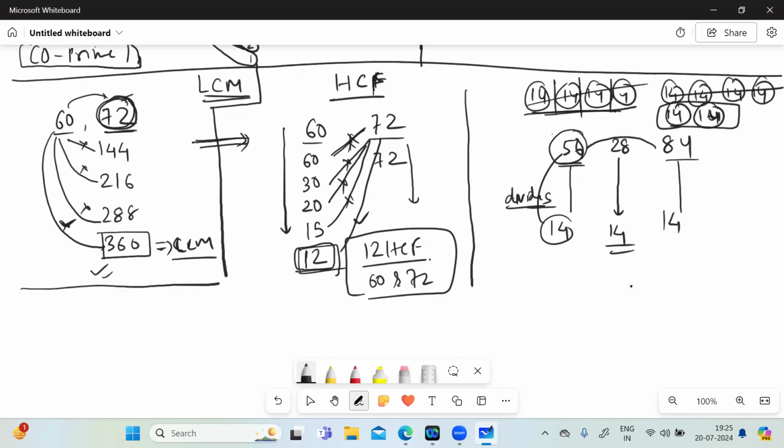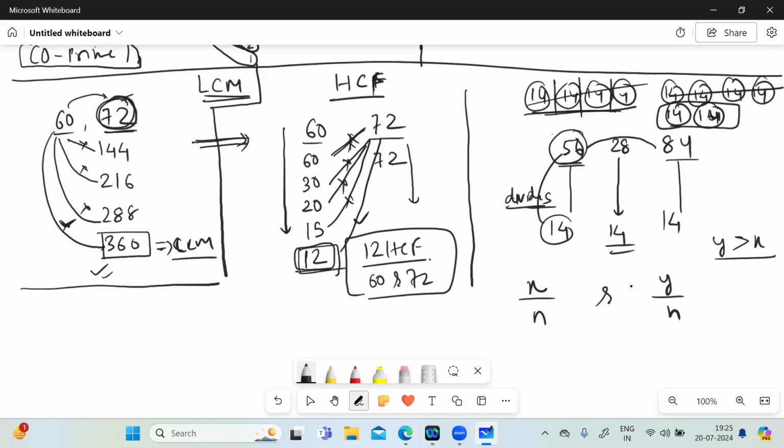So we can say, if a number n divides x and the same number n divides y also, that means x and y both are divisible by n, and y is greater than x.